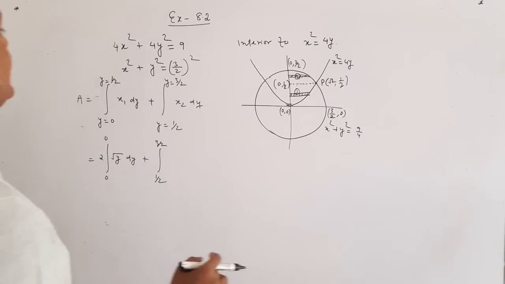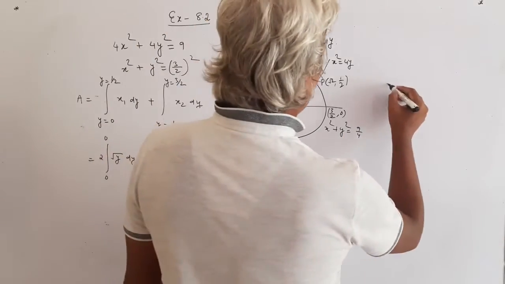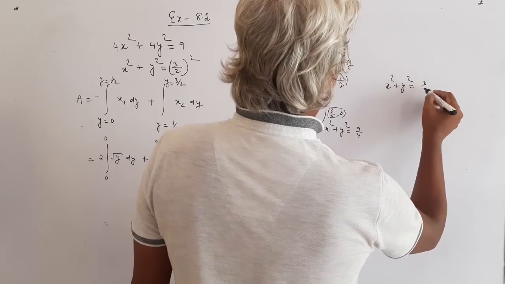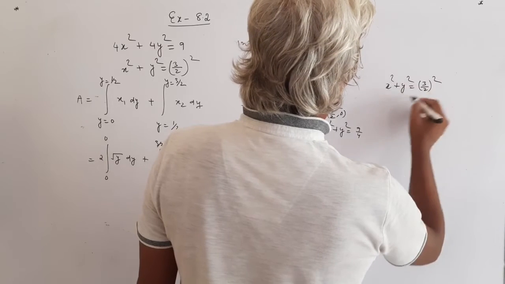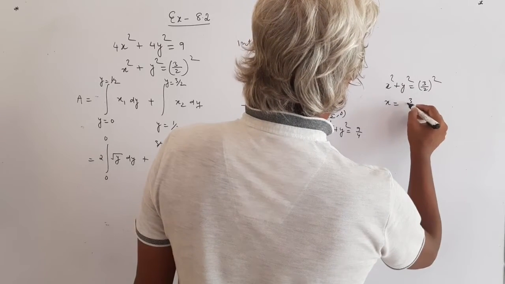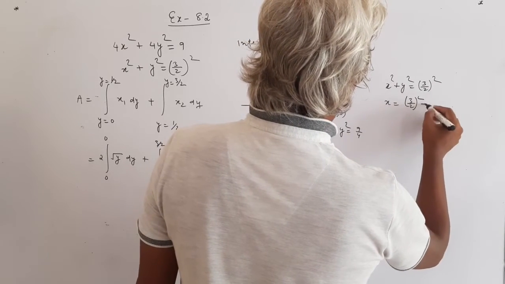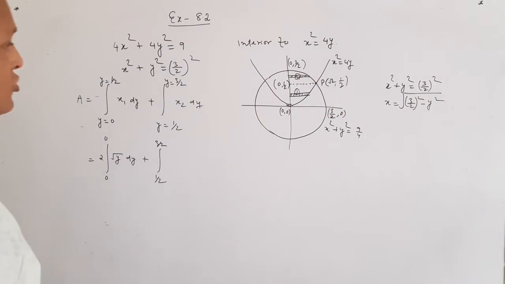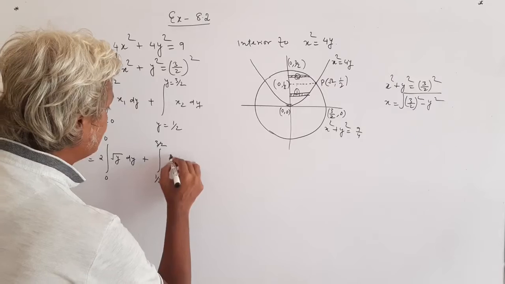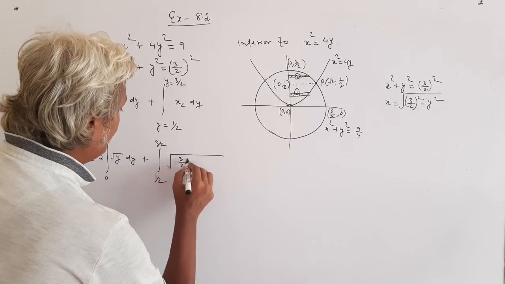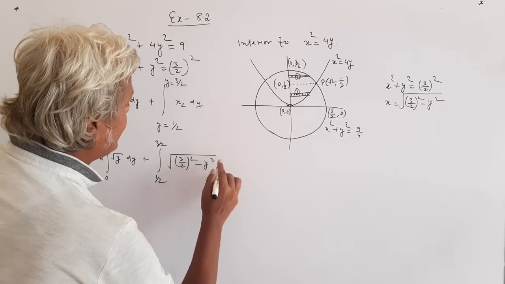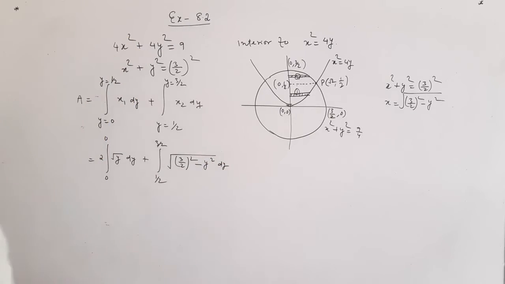You see that our circle is x square plus y square is 3/2 whole square. So x is 3/2 whole square minus y square, and everything you put inside the root. So here you get, this is under root 3/2 whole square minus y square, and this is dy.